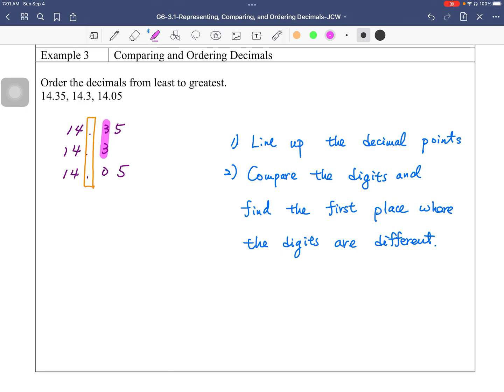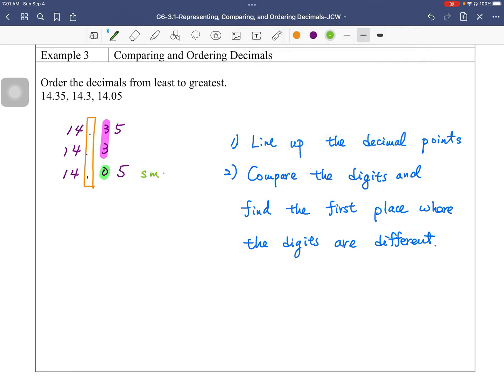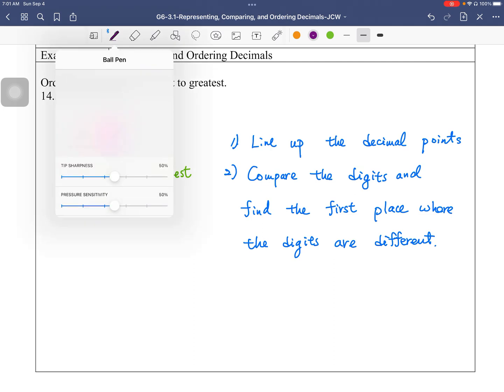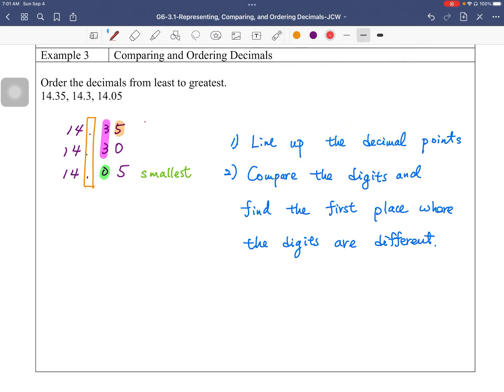So I can see these two are the same, while 0 is much smaller. So I know this is definitely the smallest. And then 3 and 3 is the same. Then I compare the next digit. So this is 5, and here this is 0. So now I know 5 is larger than 0. So this is the largest.